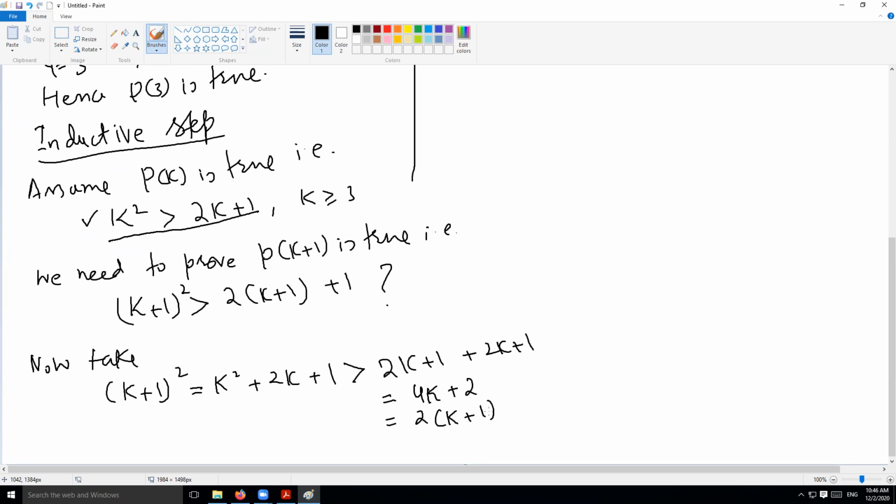So what we have to prove is 2 times K plus 1, K square is bigger than 2K plus 1. Are we making some mistake? Any suggestion?